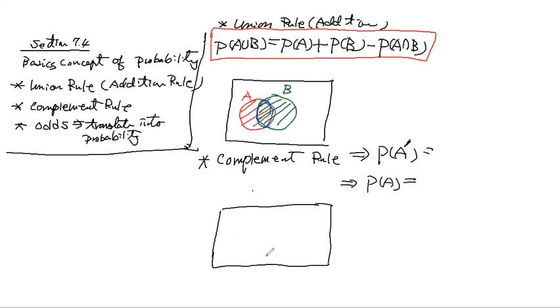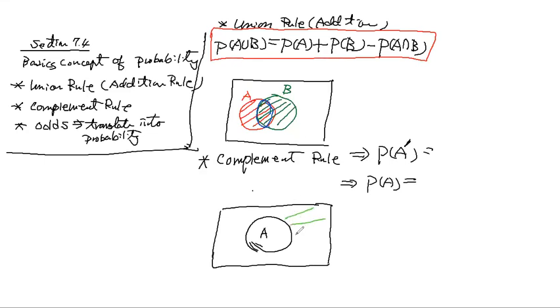Okay, so in here, like I said, this is my A here. So I know from the previous section, what is the A complement? A complement is everything outside A, right?